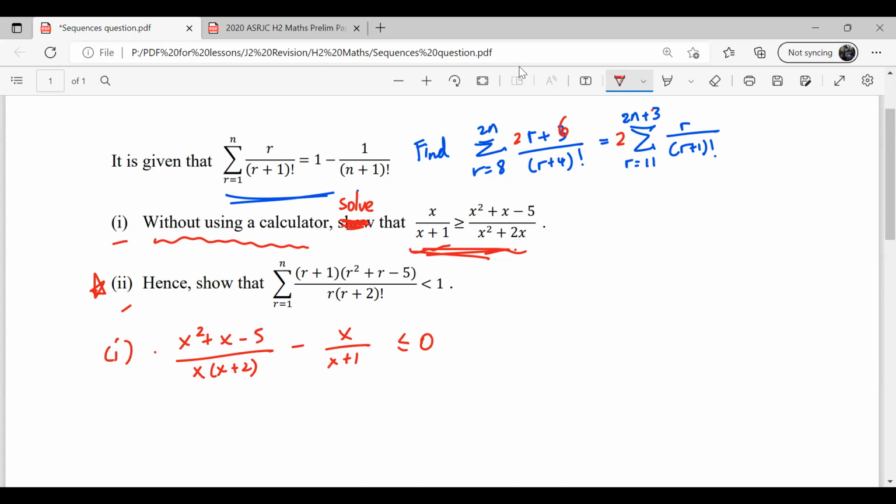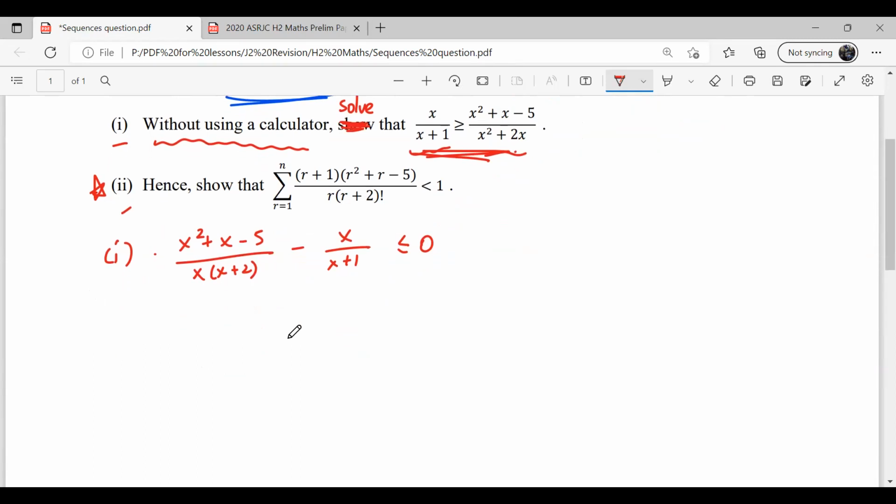Okay, so the way to do is to form them into one fraction. Don't bother factorizing the top one first, even if it can be factorized. So when put into one fraction, x plus 1, x plus 2, then here will be x squared plus x minus 5 times x plus 1.